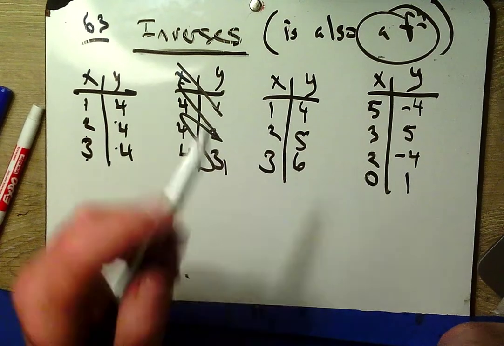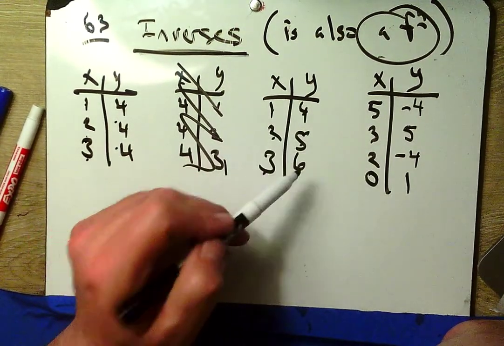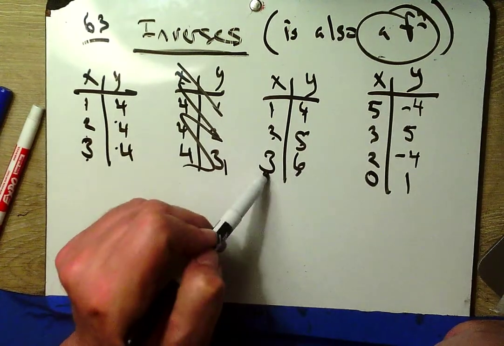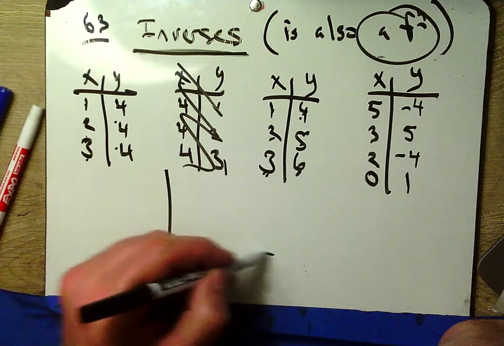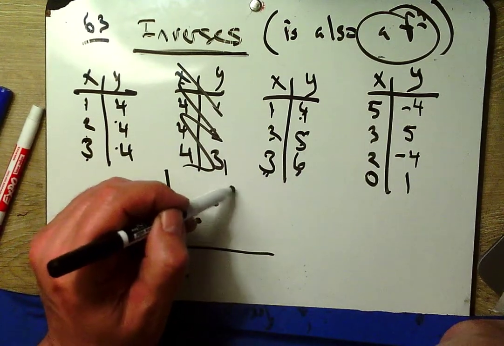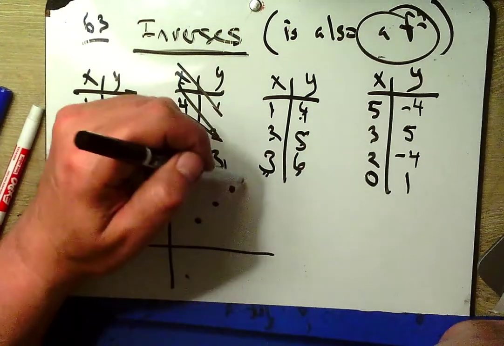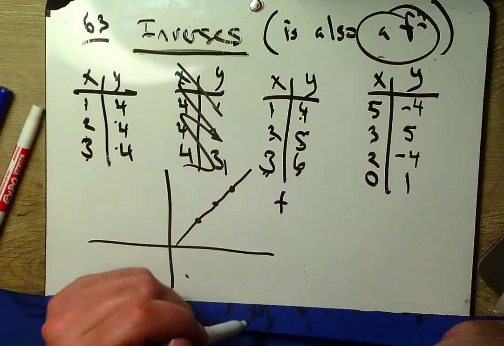Okay. Here, each input goes to one output, but each output also only goes to one input. This has an inverse. We've got (1, 4), (2, 5), (3, 6). I'm going to pass the vertical line test, so I know this is a function.